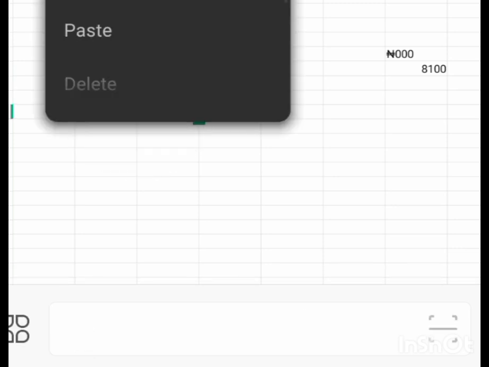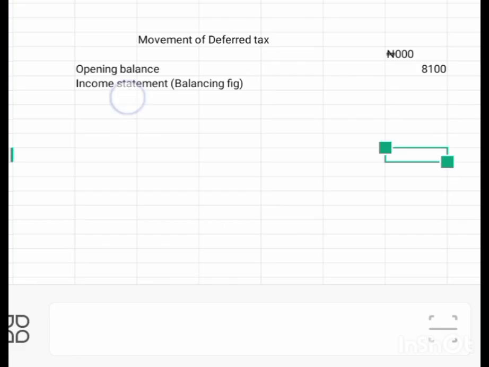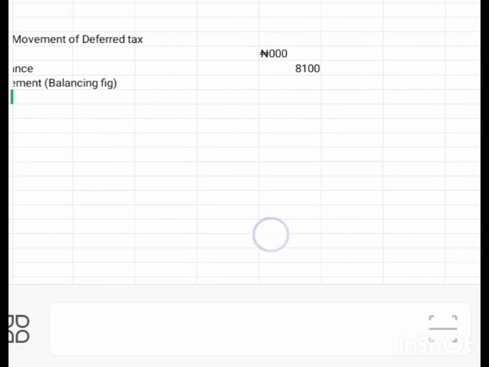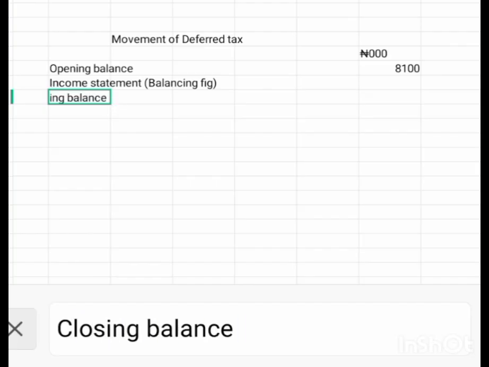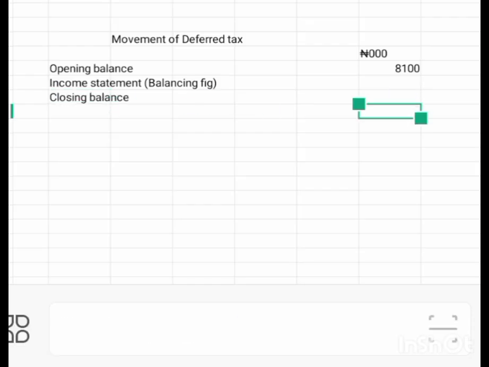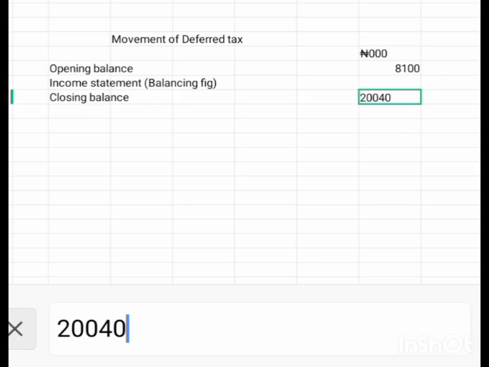The closing balance happens to be 20,040. So if this one is the balancing figure, we want to find the one in the middle.